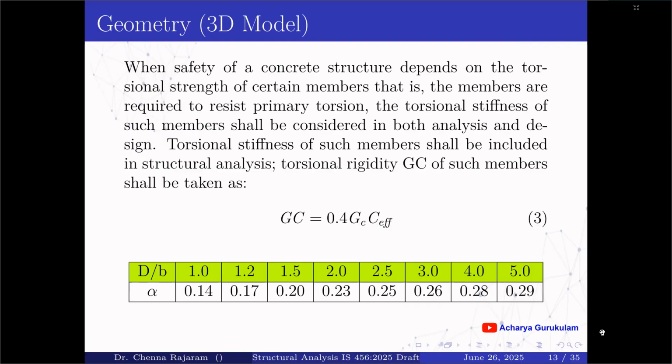Here a tabular column is given, depending on the ratio of capital D divided by small b, for alpha. So it ranges from 1 to 5. The alpha values are given. Alpha means a factor to estimate the Saint-Venant torsional constants.